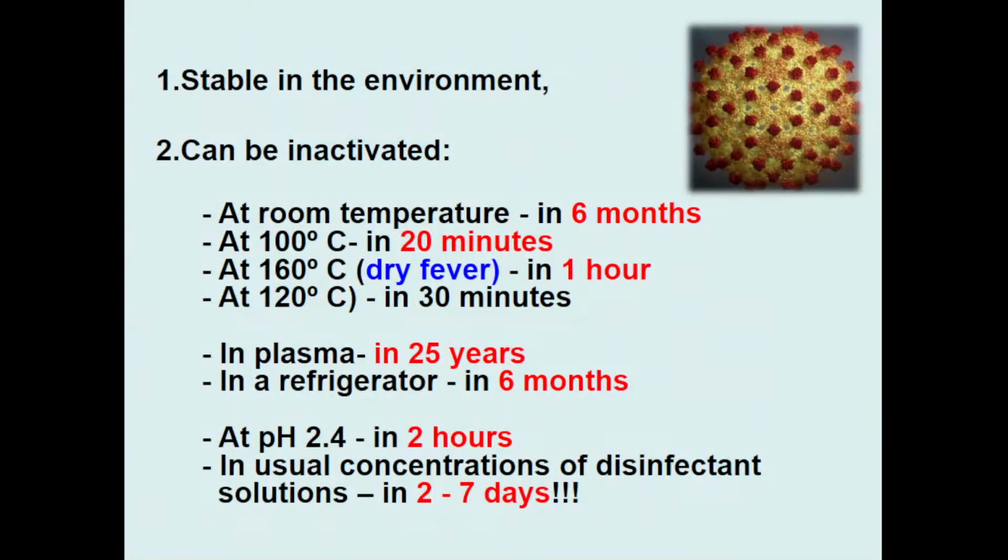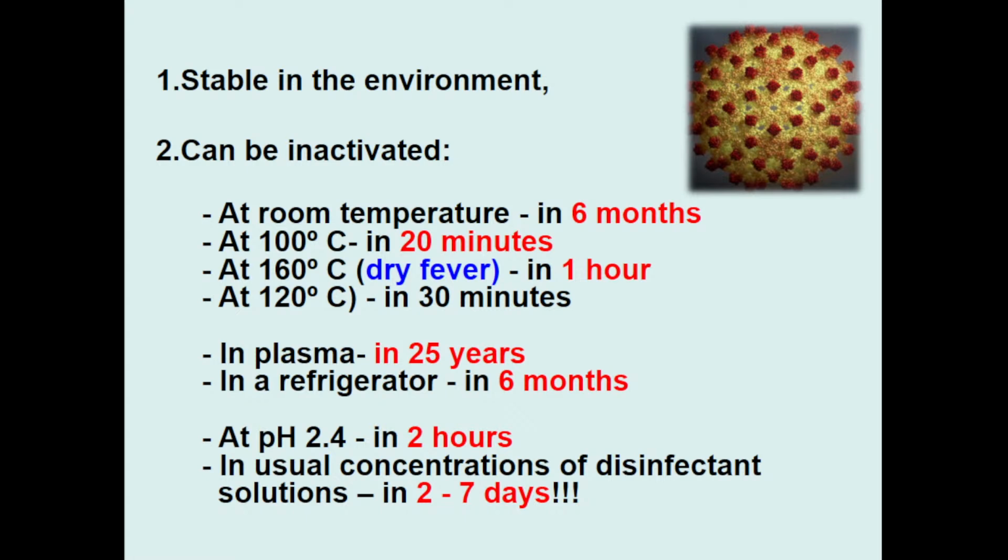Properties. Stable in the environment, can be inactivated at room temperature in 6 months. At temperature 100 in 20 minutes. Yes, just imagine this. You should boil something, boil for 20 minutes, not for a minute, not 5, not even 10, 20 minutes. Yes, rather resistant. At 160 dry heat in 1 hour. In 120 degrees in 30 minutes.